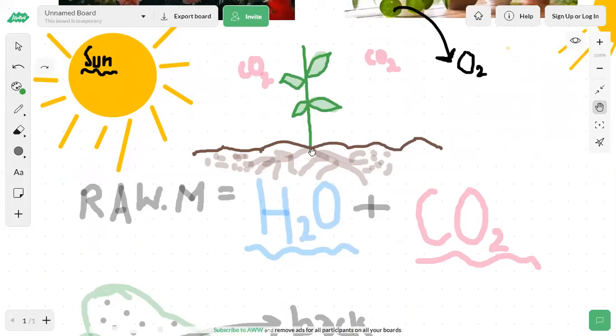And it is transported through xylem tissue. Just going to write that down for you. Xylem tissue.